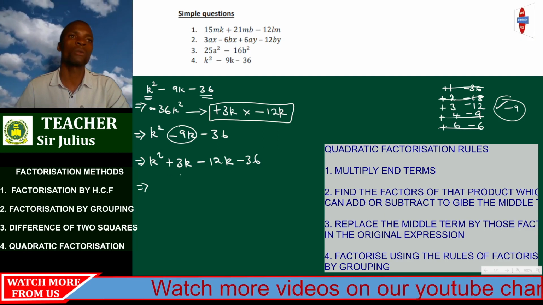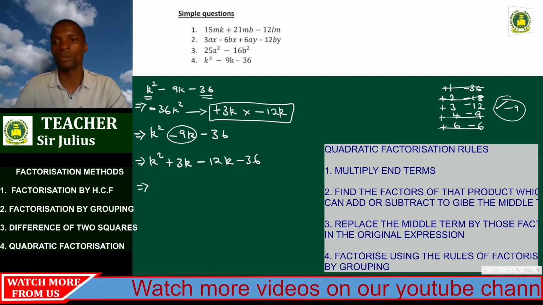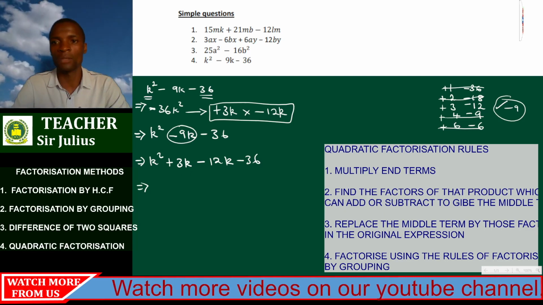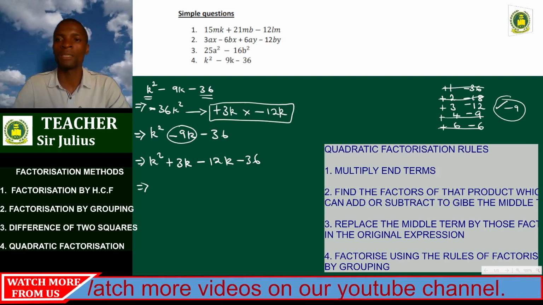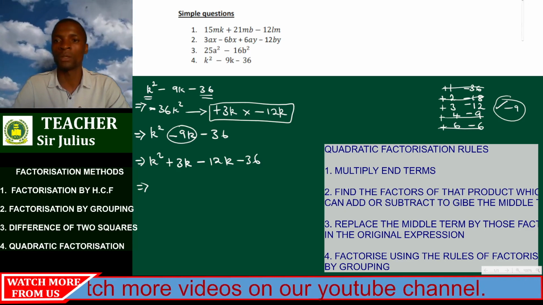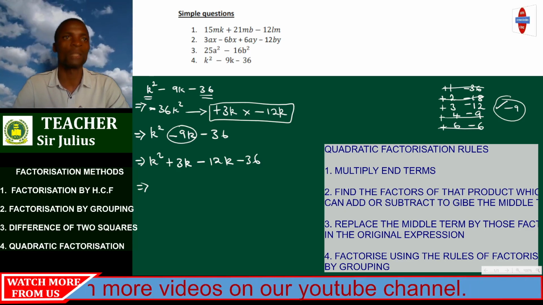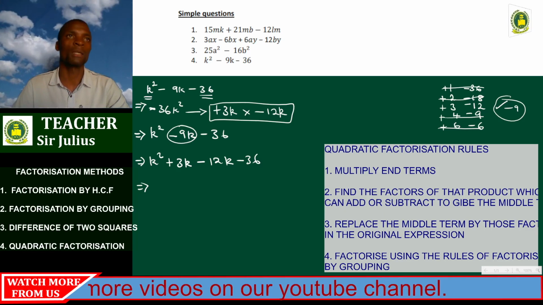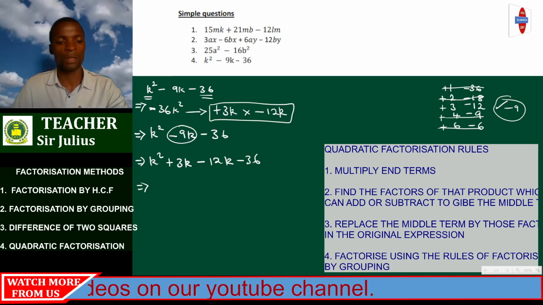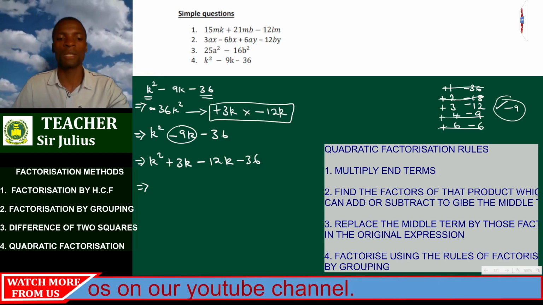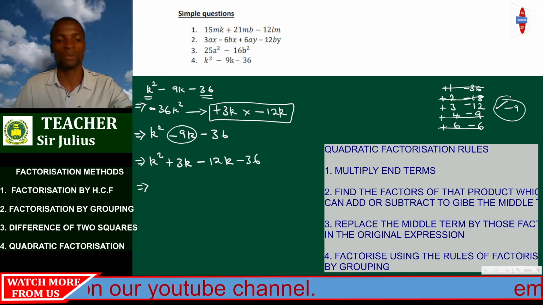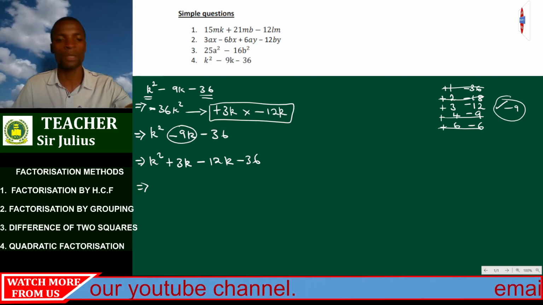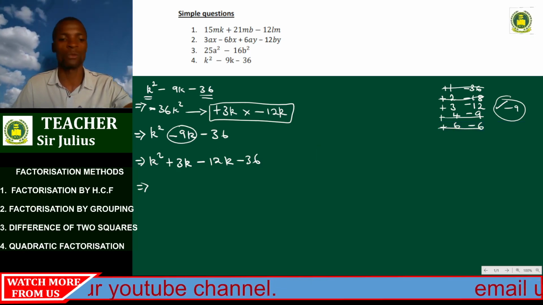So what you're going to do here is factorization by grouping, because it is the fourth stage, which reads factorize using the rules of factorization by grouping. Let us do that very quickly now. Let me remove these rules and put the factorization by grouping here.